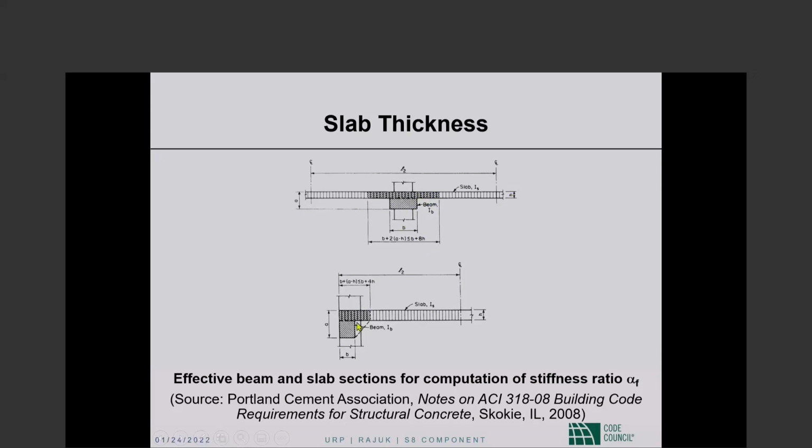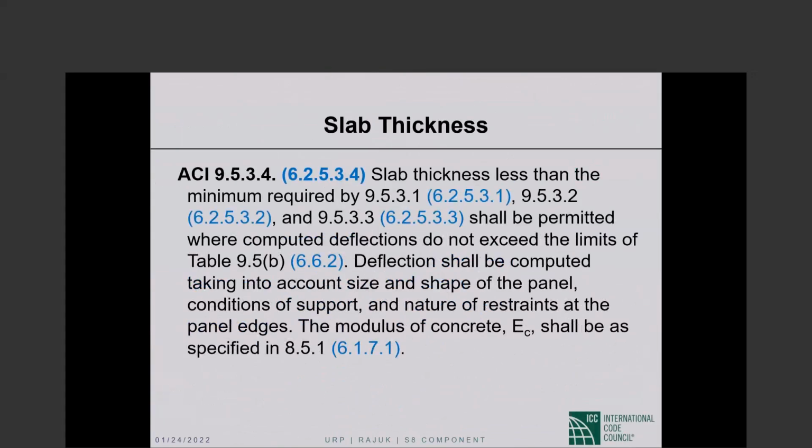So if you look at the two pictures, you will see it's quite clear. So the beam is the shaded portion, including a part of the slab, and alpha sub f is the beam stiffness divided by the slab stiffness, slab being panel to panel width of the slab. That's alpha sub f.